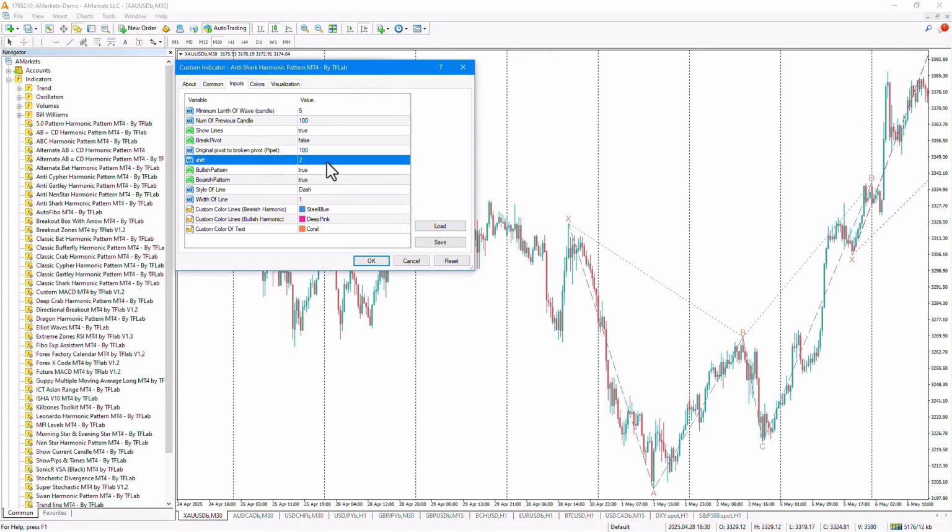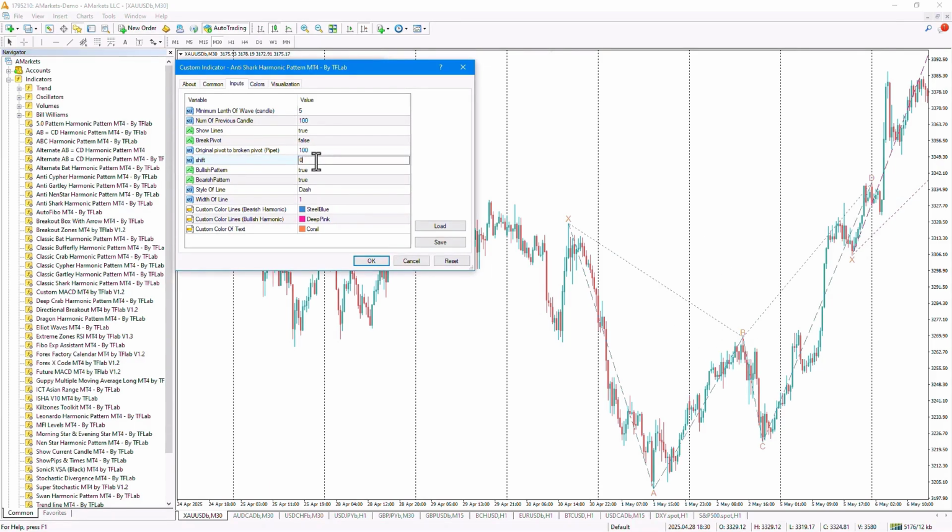In the next section, we can adjust the shift option, which is set to 2 by default. This means that after the D point is closed and identified, it moves forward by 2 candles and then analyzes the harmonic pattern. This means it moves forward by 2 candles and examines its previous 2 candles, looking to identify the harmonic pattern on the chart.